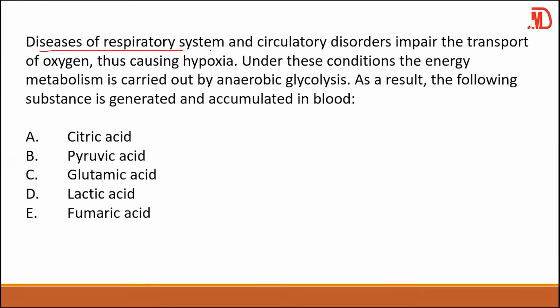Now, diseases of the respiratory system and the circulatory system impair the transport of oxygen. That is causing hypoxia. Under these conditions, the energy metabolism is carried out by anaerobic glycolysis.